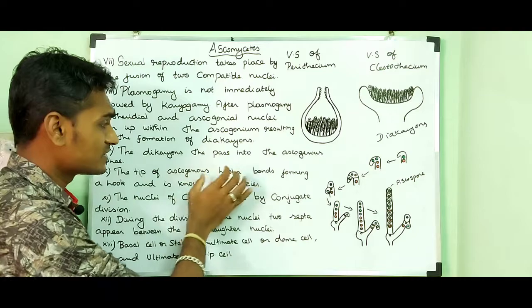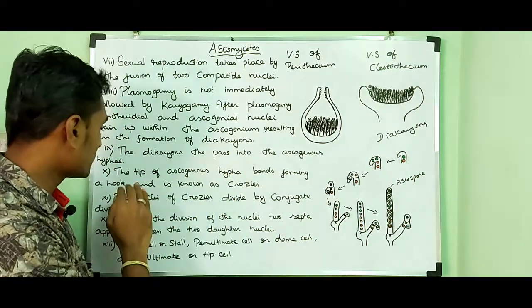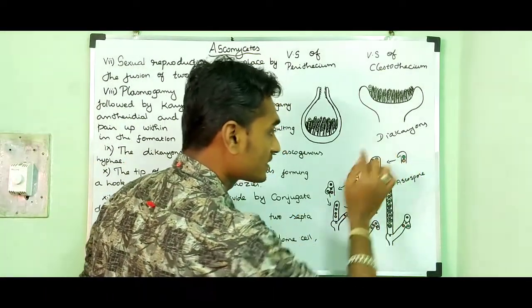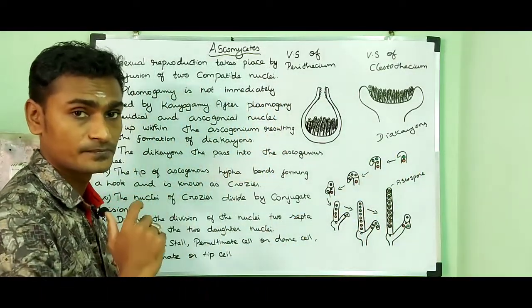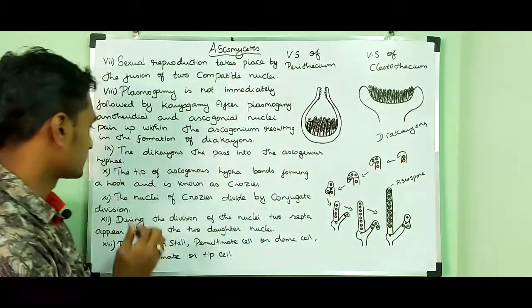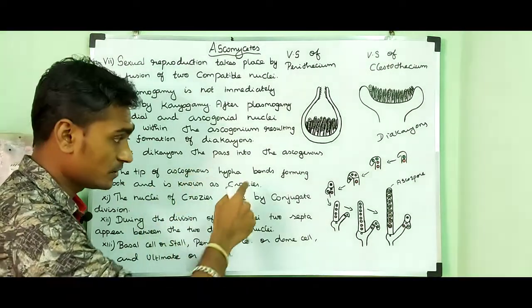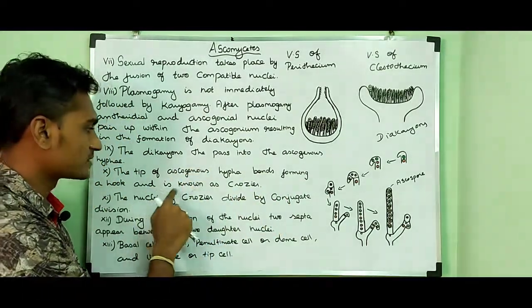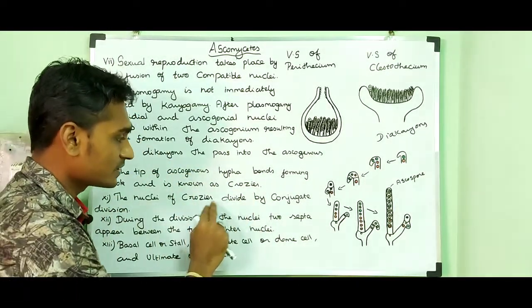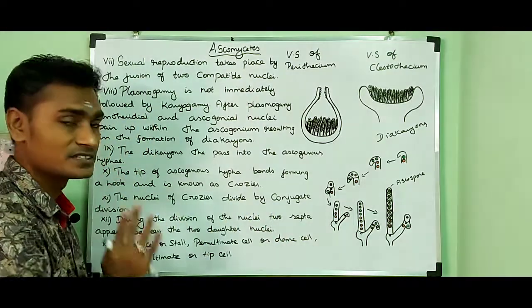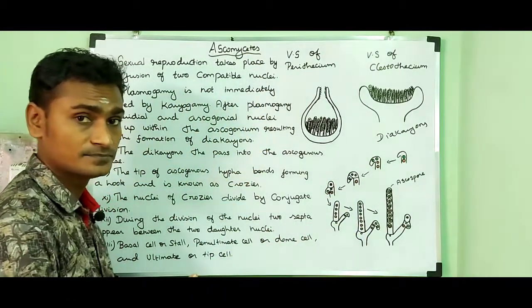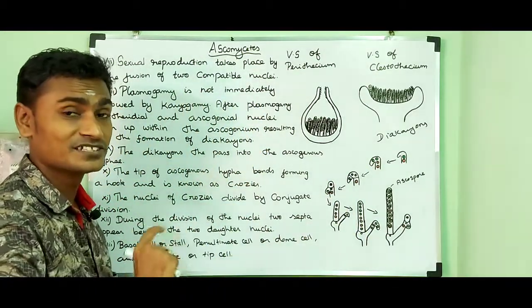The tip of the ascogenous hypha bends, forming a hook, and is known as crozier. So here you can find a hook-like structure. Then the nuclei of the crozier divide by conjugate division.